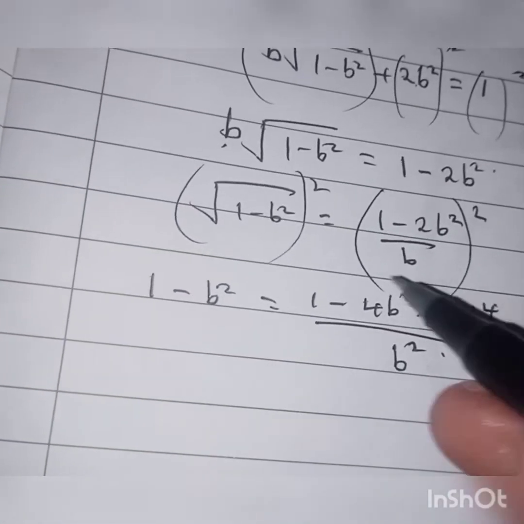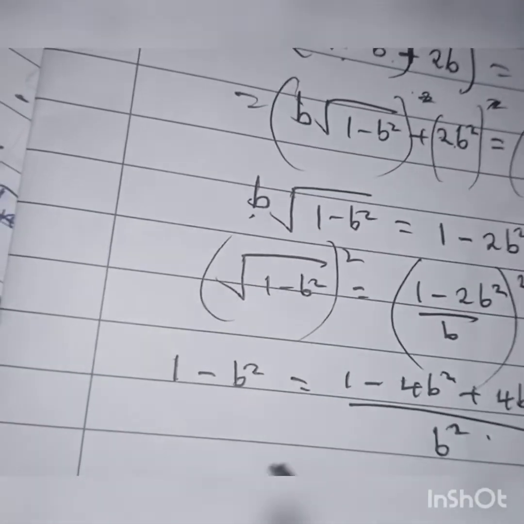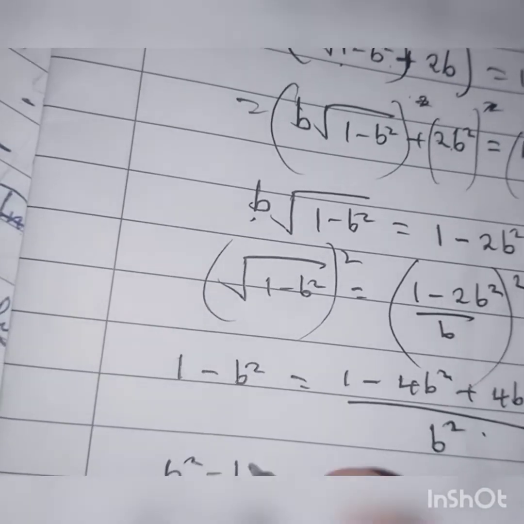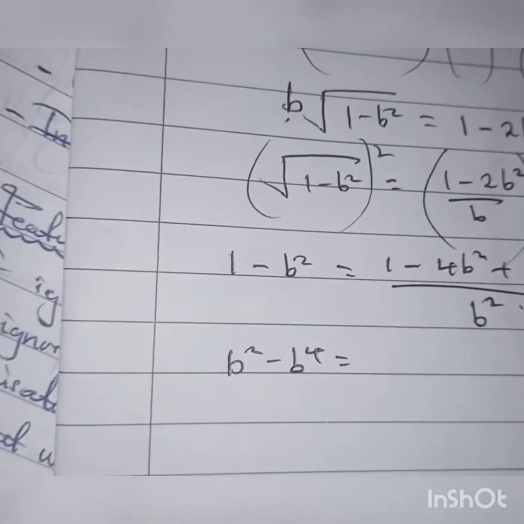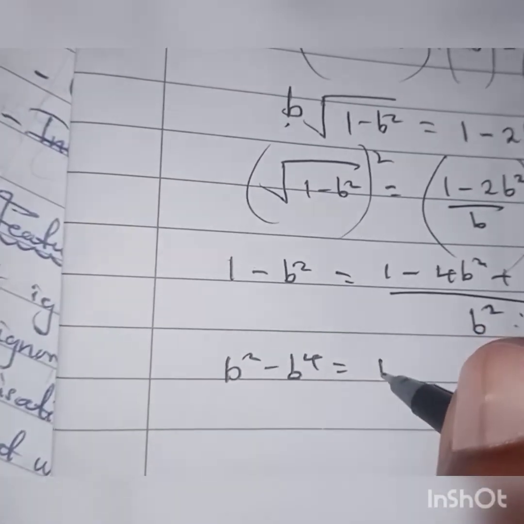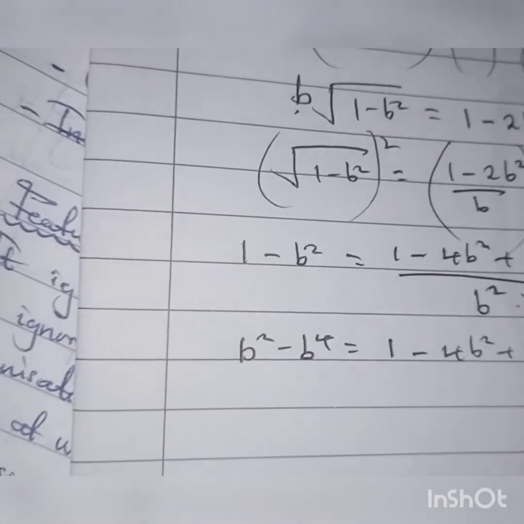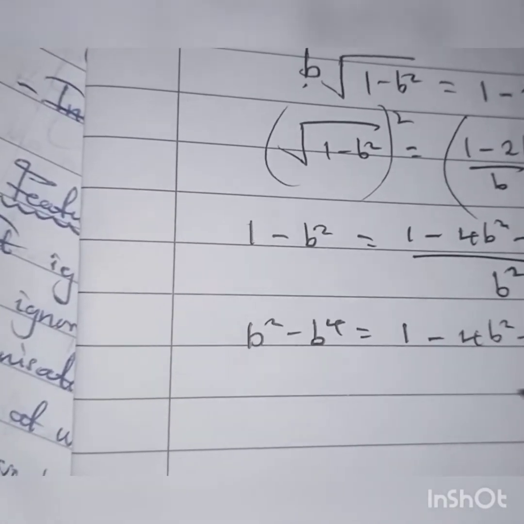But multiplying by b squared, here it will cancel out, and we will remain with b squared minus b raised to 4. Multiply both sides by that, then it equals 1 minus 4b squared plus 4b raised to 4.